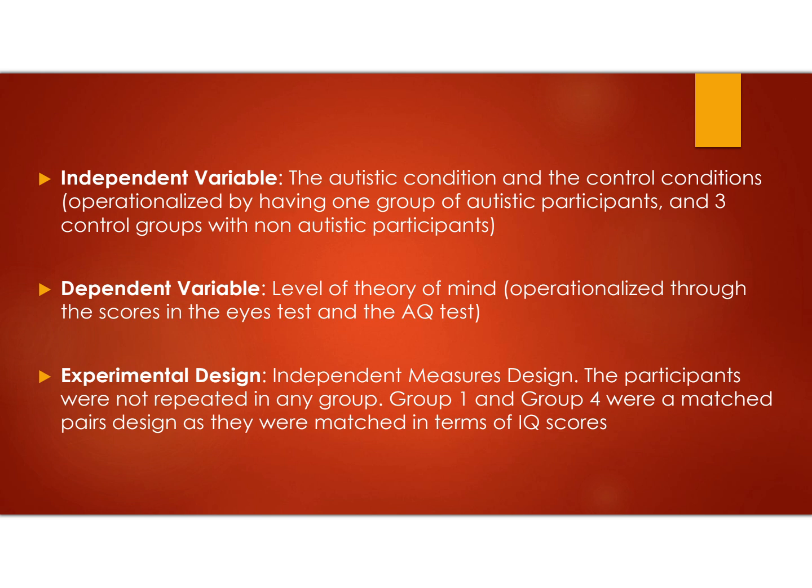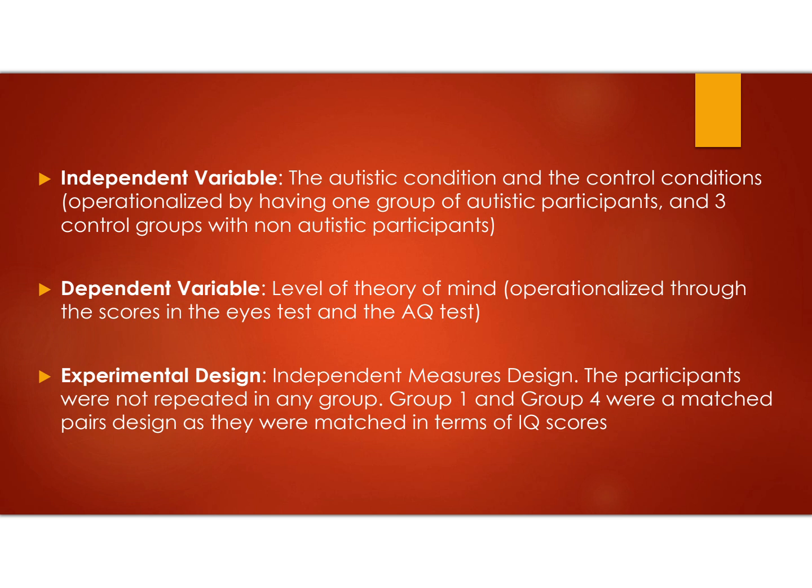So we'll call them the AS/HFA group. There is one group with these particular type of participants. And then there are three control groups. The three control groups have participants without autism, without AS/HFA. So they are the three normal groups or the three normal participants.